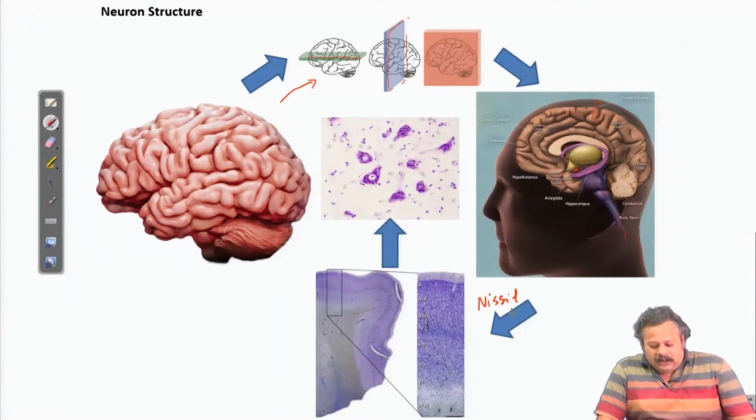So if we blow up this region, it is a layered structure in the cortex, which starts from layer 1, layer 2, 3, 4, 5A, 5B, 6, and then white matter.